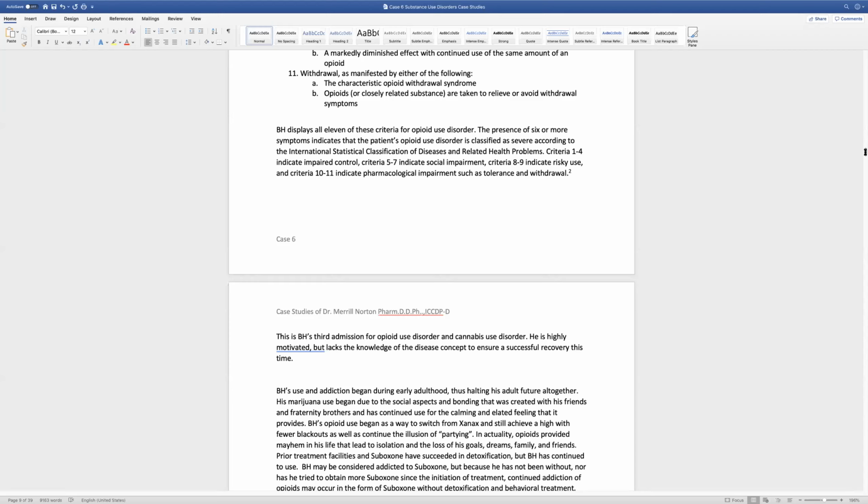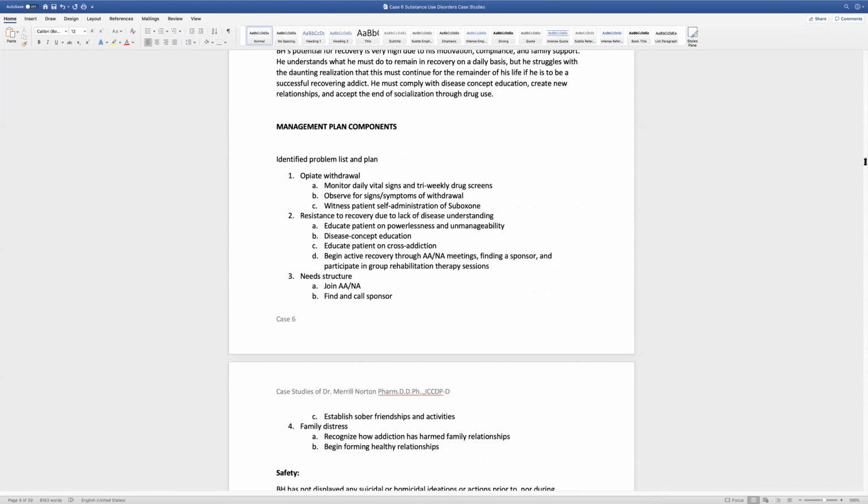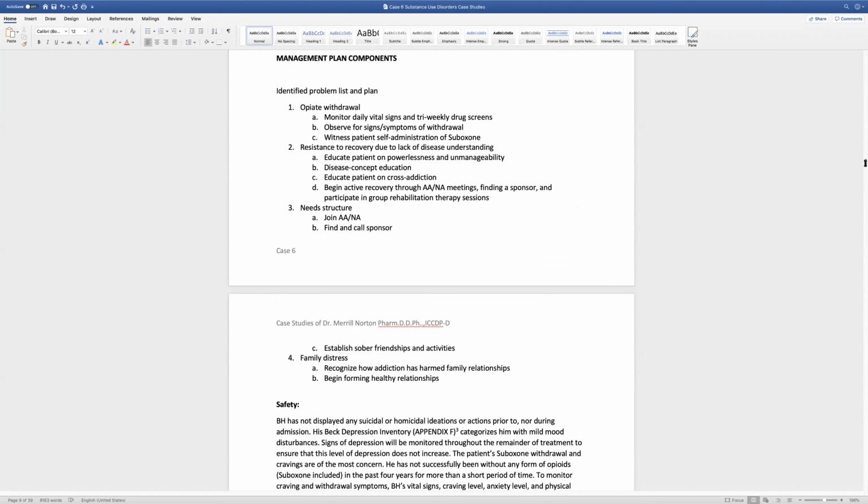And as you look at it, and as we go down, and you didn't get to see all this, the management components, and this is the other part that y'all can put into your report. What we got to do from a management standpoint is manage the withdrawal from the opiate.